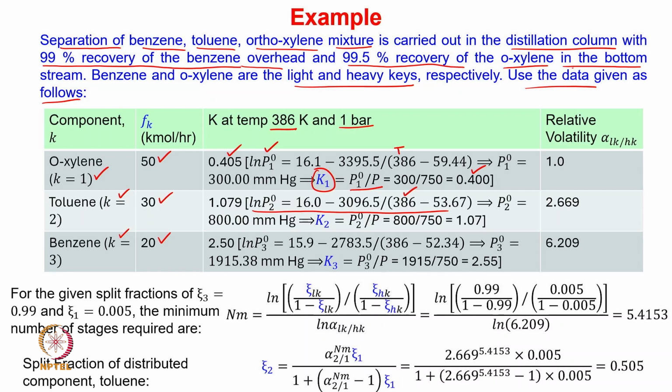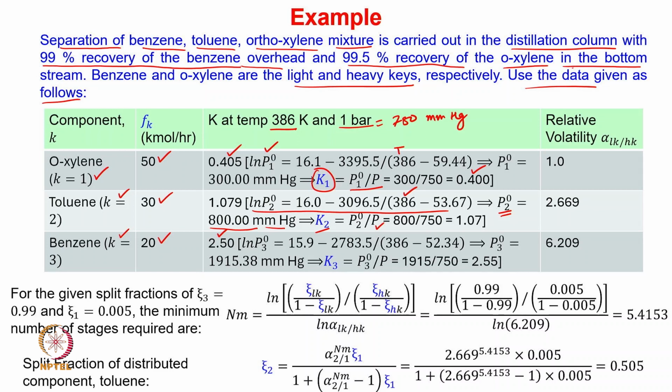So at 386 Kelvin, P2 naught, which is nothing but the vapor pressure of component 2, comes around 800 mm of Hg, and from this we can obtain K2. So K2 is P2 naught by P. Here P is 1 bar, so that is around 750 mm of Hg. With this we can calculate the equilibrium constant, which comes around 1.079. Also the equilibrium constant of benzene is obtained as 2.50 using the same calculation with the Antoine equation.